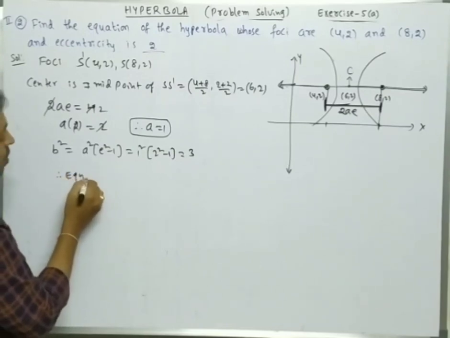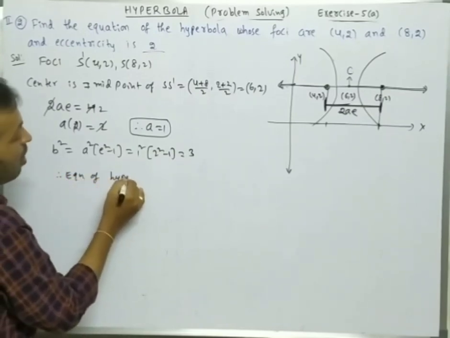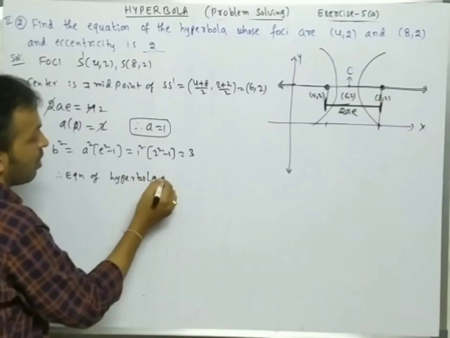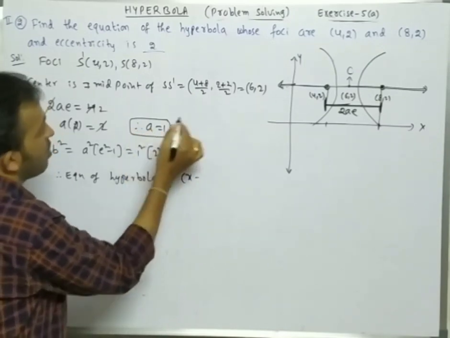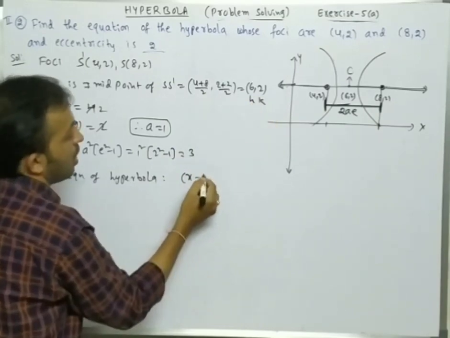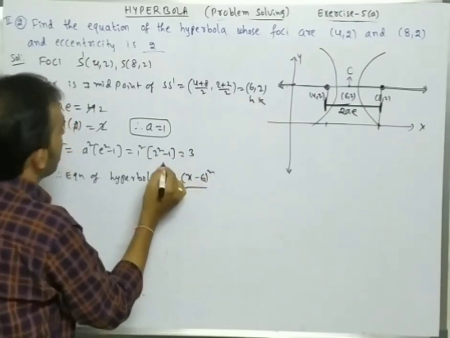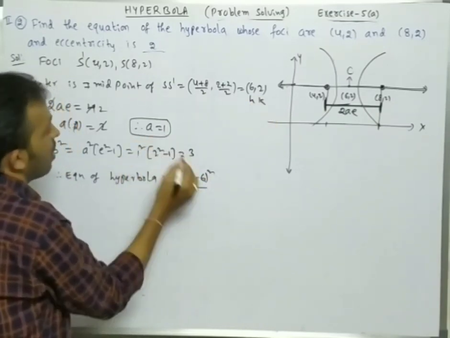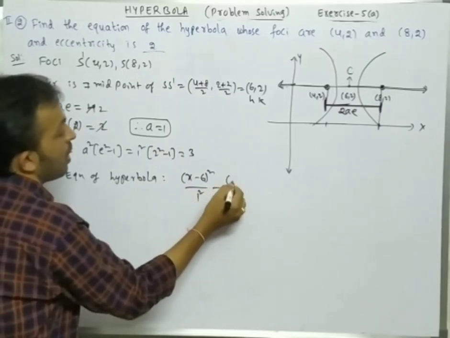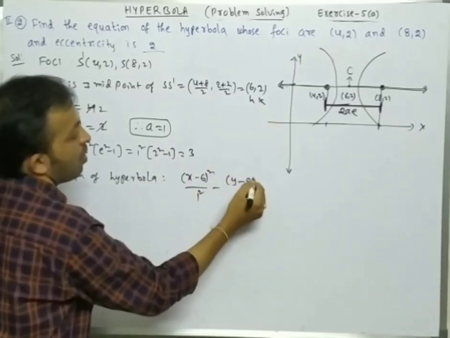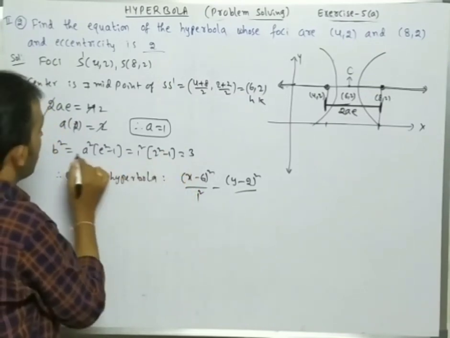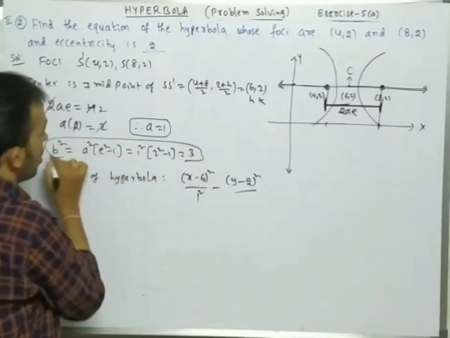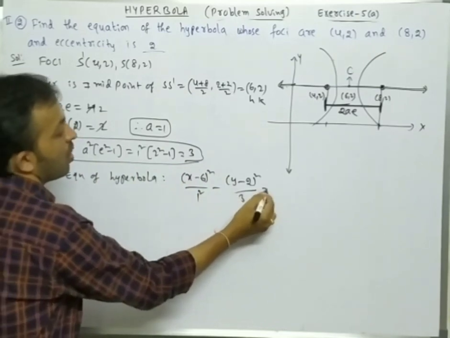Therefore the equation of the hyperbola in this case, what is that? (x minus h) whole square, this is h comma k, right? By a square, 1 square, minus (y minus k) whole square, (y minus 2) whole square by b square, which is 3, is equal to 1.